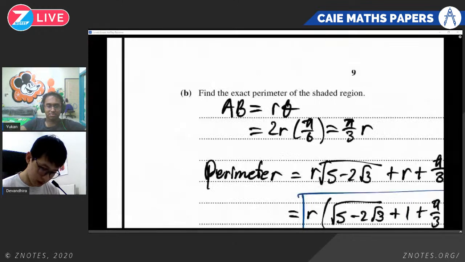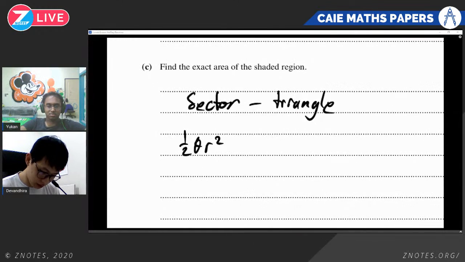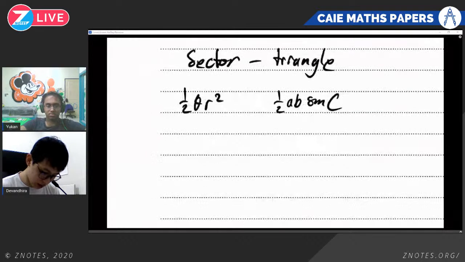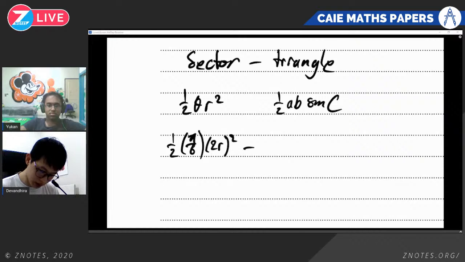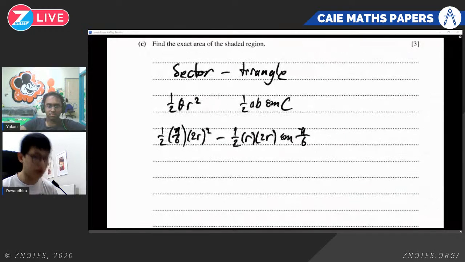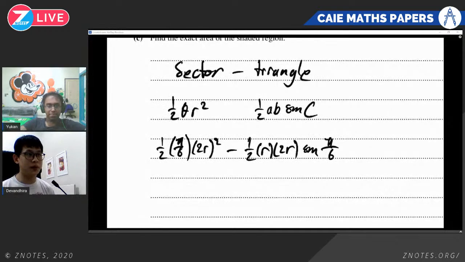Let me write that down there: half ab sine C. So we just plug in everything: half times pi over 6 times 2r squared minus half times r times 2r times sine of pi over 6. Everything correct so far? Yep.